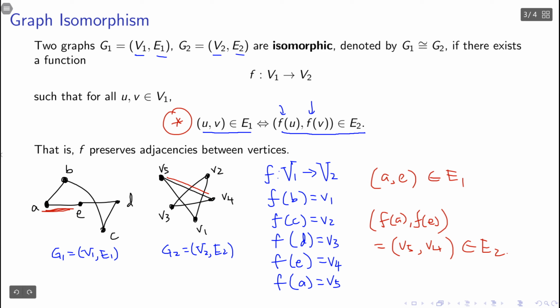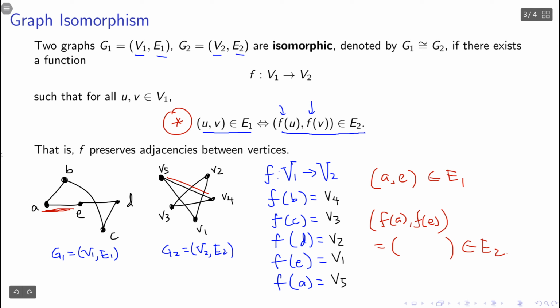Okay, and one thing you probably see here is that this mapping is not unique. I could have defined my mapping to have brought B to V4 instead, C to V3, and then D to V2, E to V1, and A to V5. And you'll see here that, well, okay, V5, V1 now. That's what we get here.